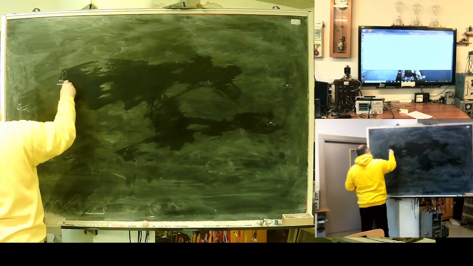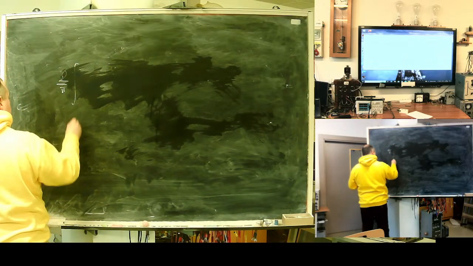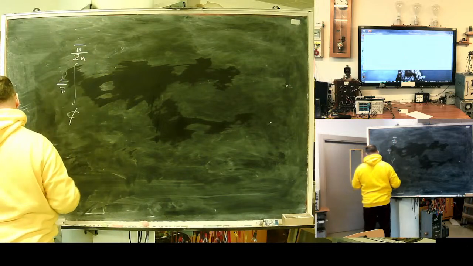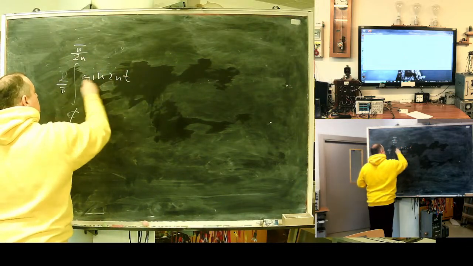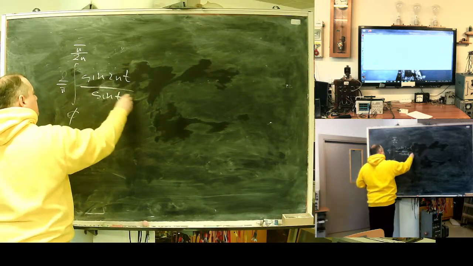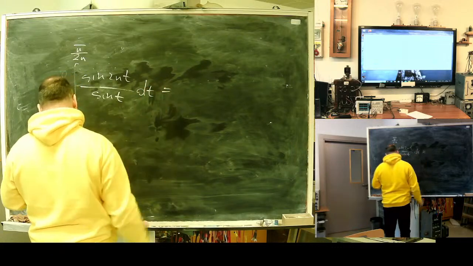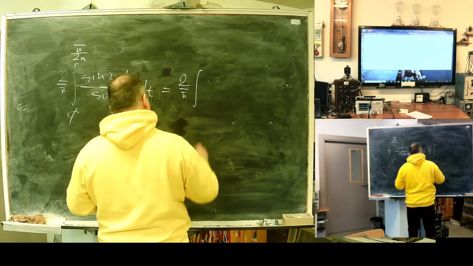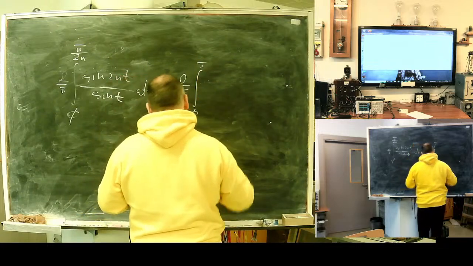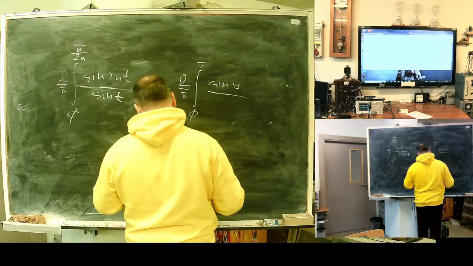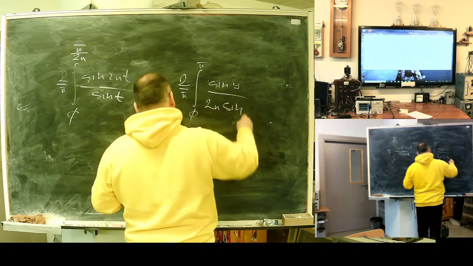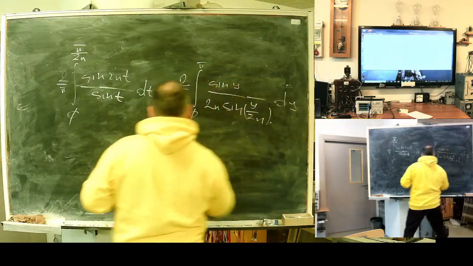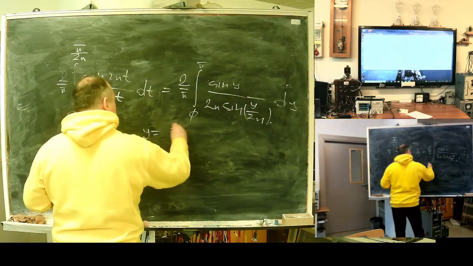Its magnitude will be the integral from 0 to π/2n of 2 divided by π, sine 2nt divided by sine t dt, which equals 2 divided by π, integral from 0 to π of sine y divided by 2n sine (y over 2n) dy, where y is a substitution for 2nt.